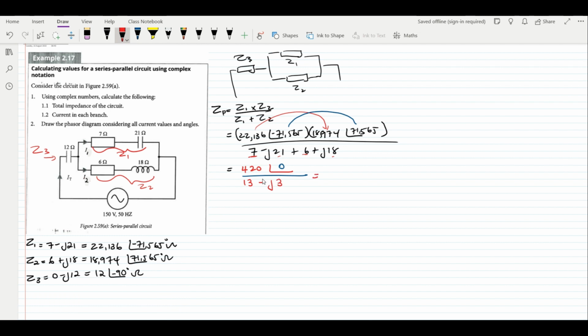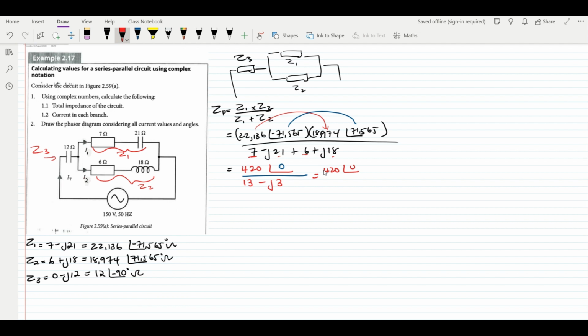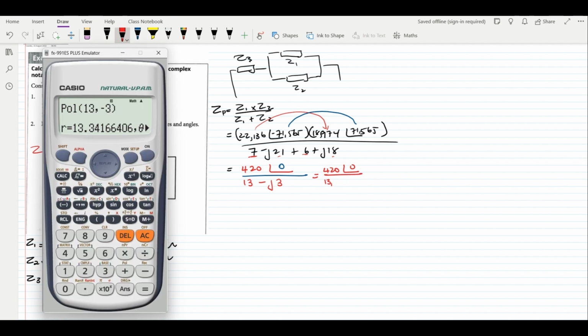We definitely need to convert the bottom part to polar form because we are now going to be dividing. So we convert 13 minus J3, and we get 13.342. This would be 420 at 0 degrees divided by 13.342.